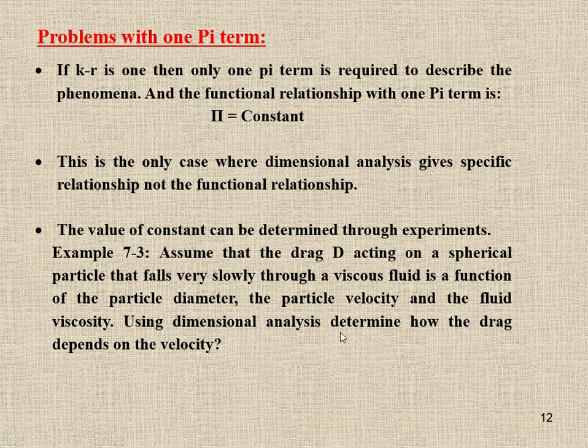Using dimension analysis, determine how the drag depends on the velocity. The value of the constant for this particular case was already found by Mr. Stokes, and this is also called Stokes law. When you visit this example, you will understand how he determined the value of the constant.